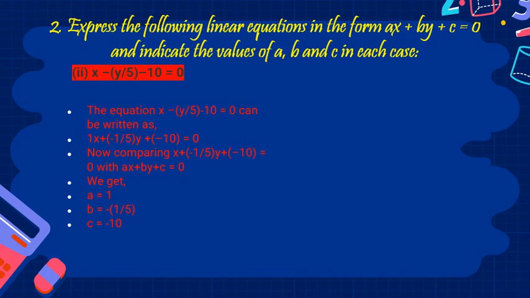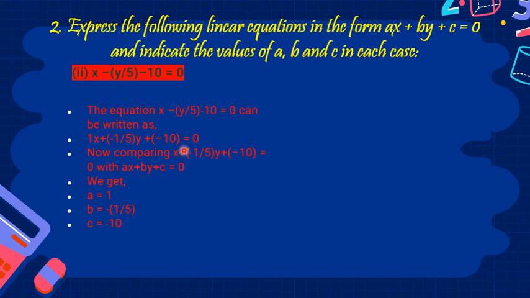See here, the second question and second equation. I will be explaining some equations and the others you can solve by yourself. The equation x minus y divided by 5 minus 10 is equal to 0 can be written in this form. When we multiply minus 1 by 5 into y, it is minus y by 5. That is simple, you can understand.